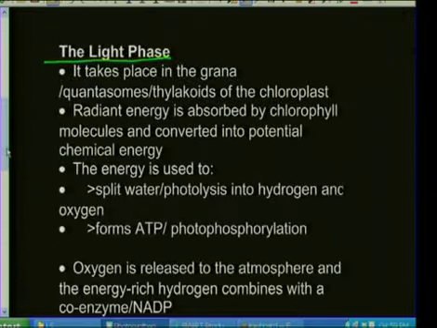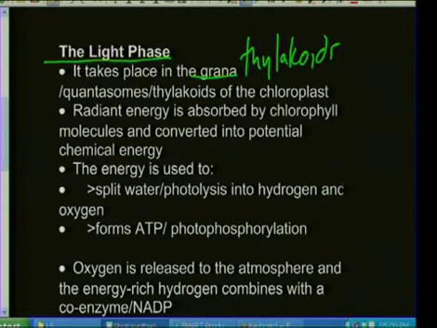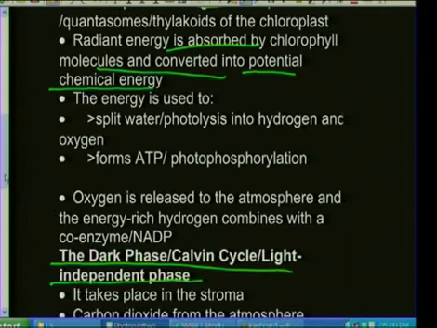So we start off by explaining the light phase. Where does it take place? In the grana or in the thylakoids. It's all given to you. Radiant energy is absorbed by the chlorophyll molecules and converted into chemical potential energy. The energy is used either to split water, photolysis, into hydrogen and oxygen, or to form ATP.